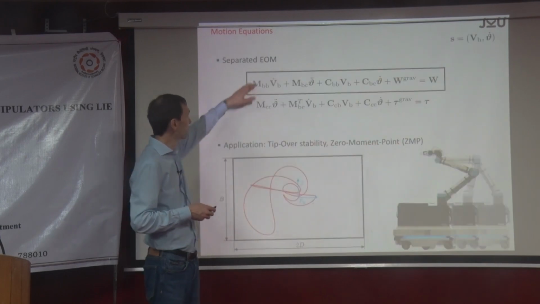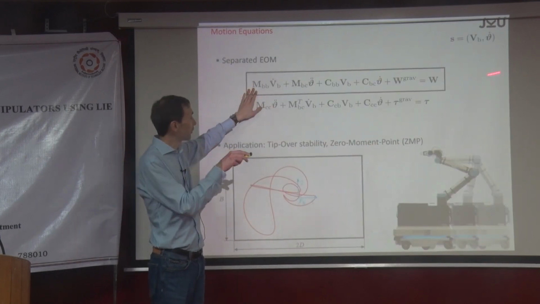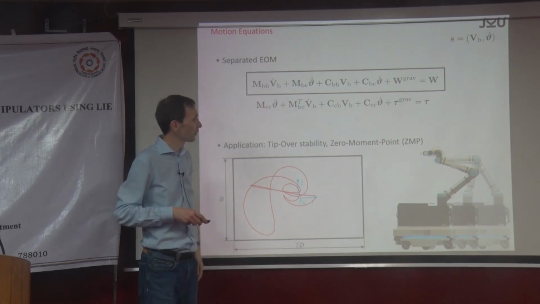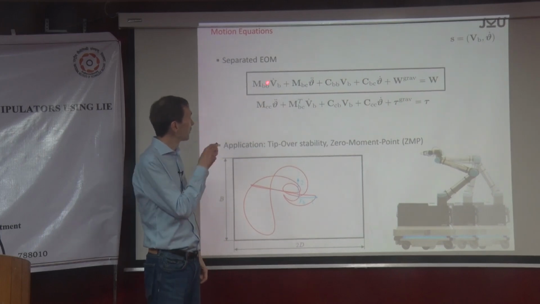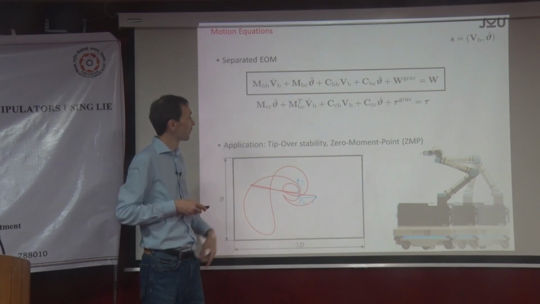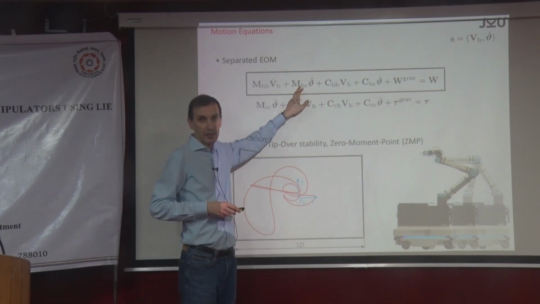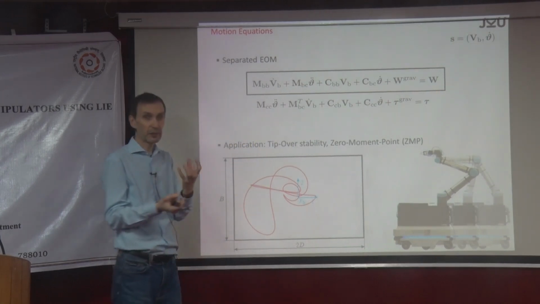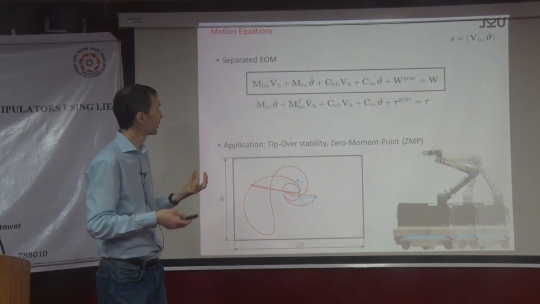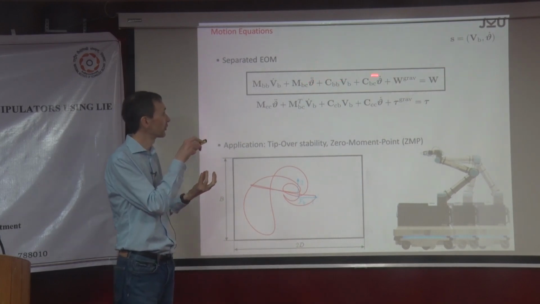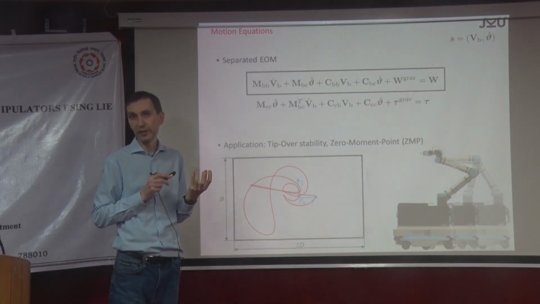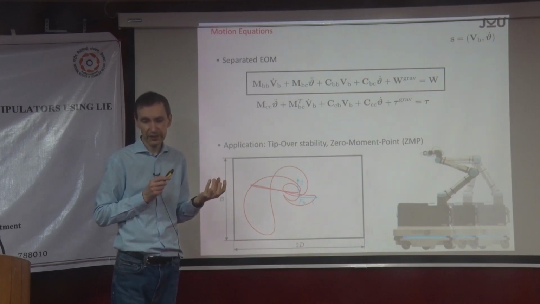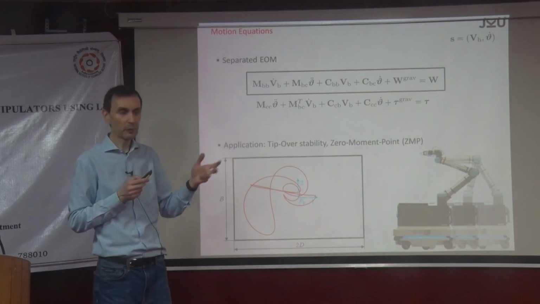So these are the two equations, the first one for the base, and the one for the arm. If the base is not moving, this goes away, and we are left with this and that, with these coupling matrices. And what do you get then? You get the wrench at the base because of the motion of the robot. That's exactly what I mentioned, because we talked about momentum, but this is about the wrench.